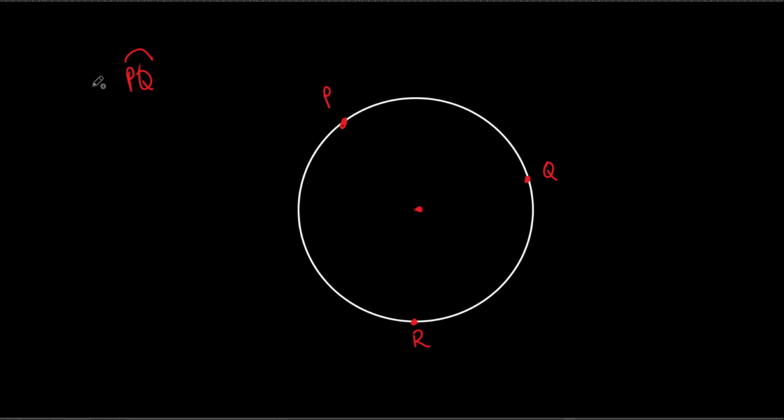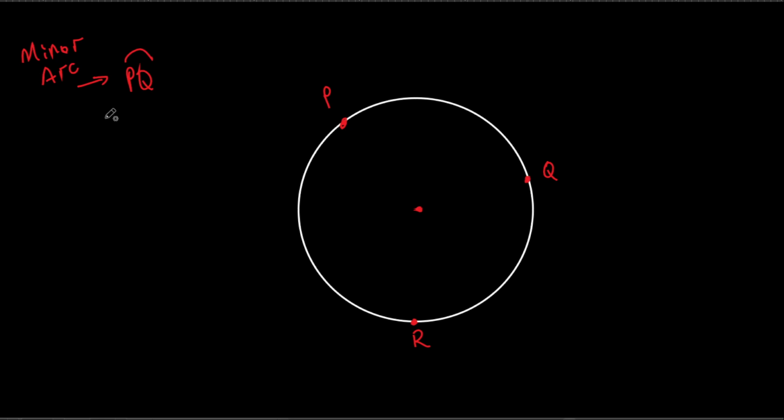Until now, because we call this a minor arc. Anytime you have a minor arc, that means it's less than half the circle. Does PQ look like it's less than half the circle? Sure, because if I went from P all the way through the center to here, that would be half the circle. From here to here would be less than half the circle. How many degrees is half a circle? 180 degrees.